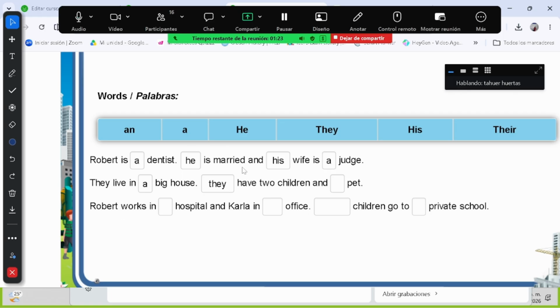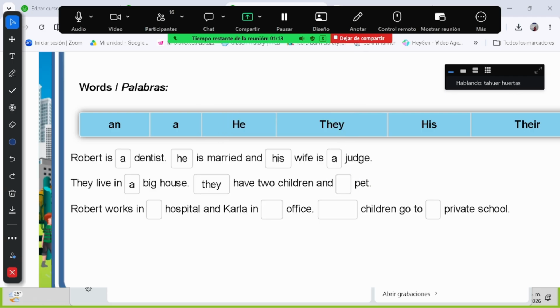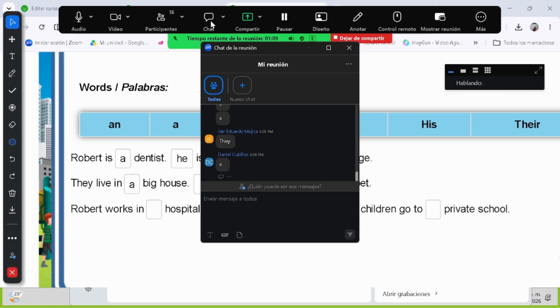They live in a big house. They have 2 children and a pet. Correct.